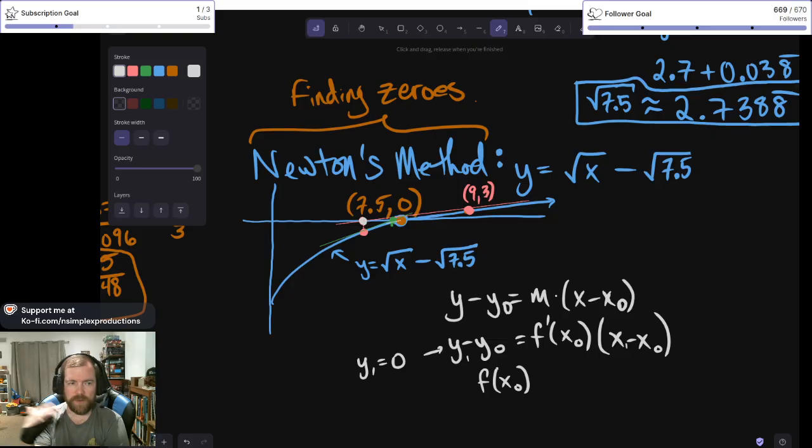So our y value is going to be equal to 0 at this particular next point.